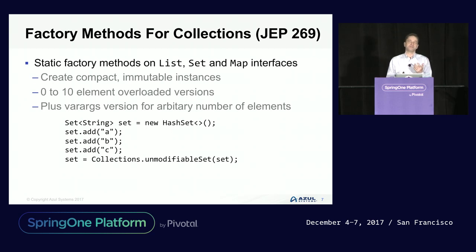What the factory methods does is it takes advantage of JDK 8's introduction of static methods in interfaces. So we can add the static methods we need at the interface level. We don't have to go down into all the concrete classes that implement list, set, and map. What the designers have done is they've added 12 overloaded methods to each of these interfaces.